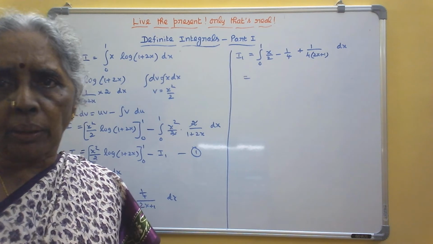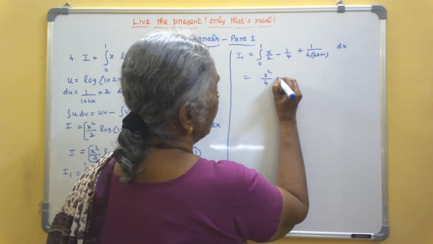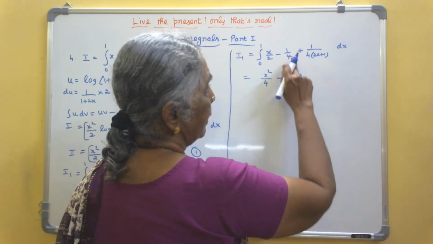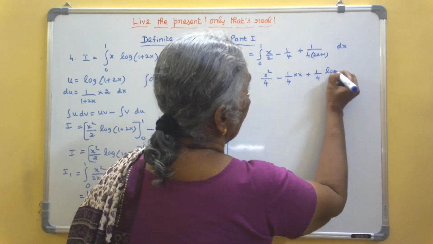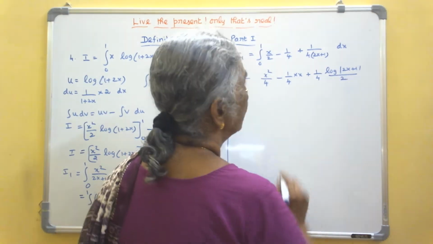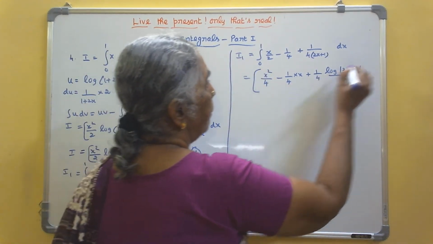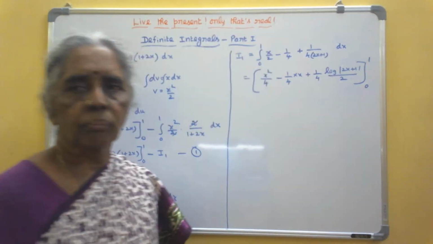There is already 1 by 2, so I will be getting x squared by 4. Here I will be getting 1 by 4 then x, because just x will come there. Here also 1 by 4 then log mod 2x plus 1 by 2. Do you follow? Then put a bracket, write the limits 0 to 1.